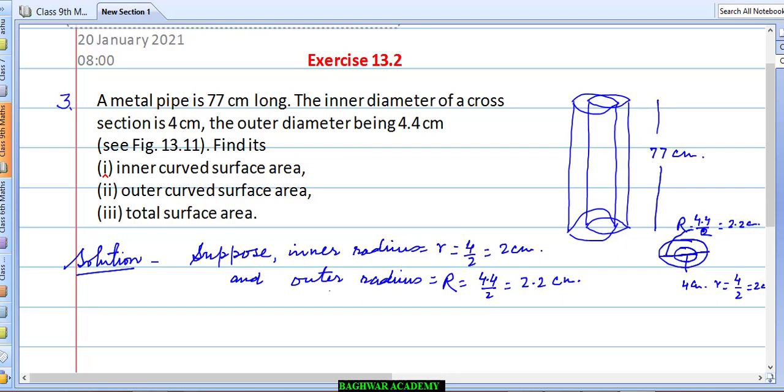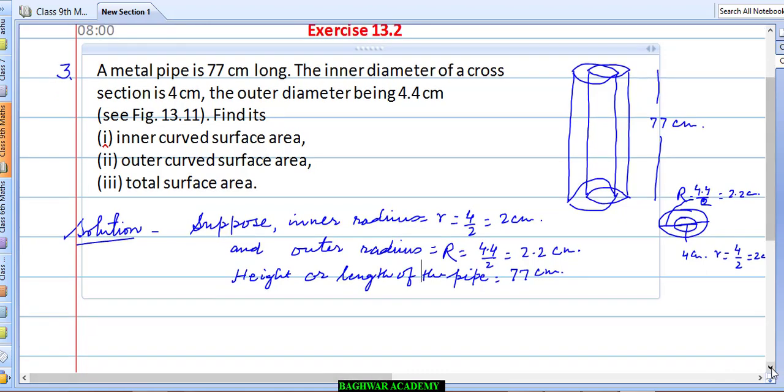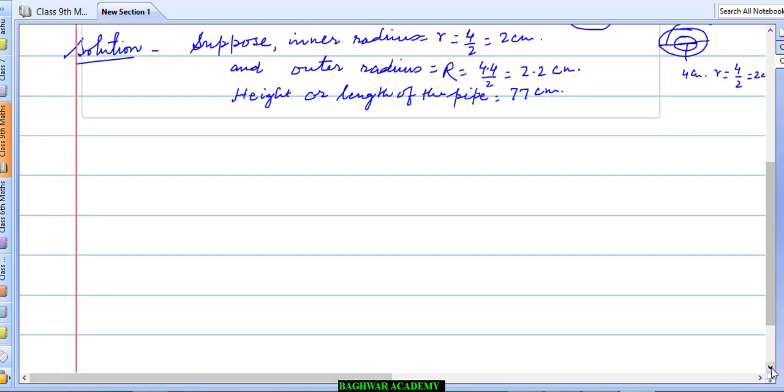Now the height or length of the pipe is equal to 77 centimeter. These all have been given. Now we need to find out first the inner curved surface area.